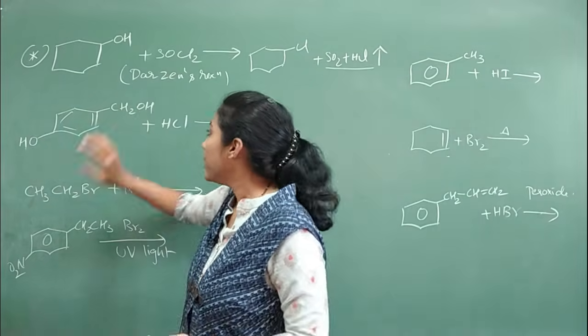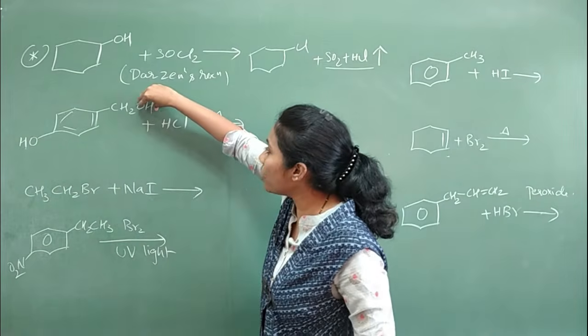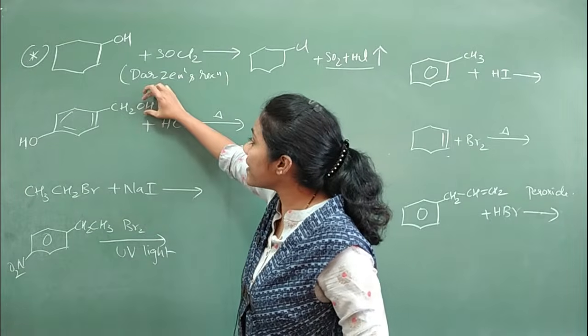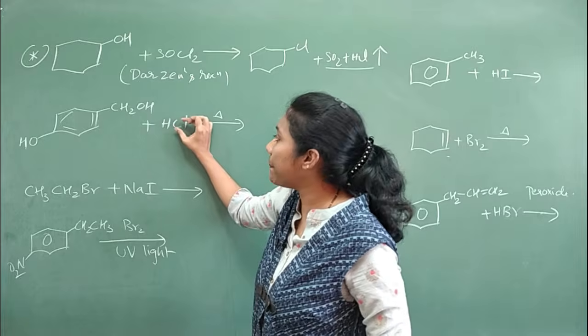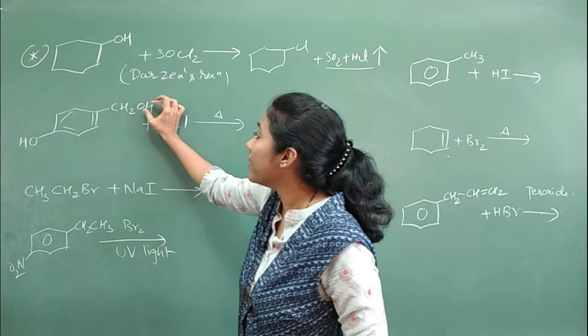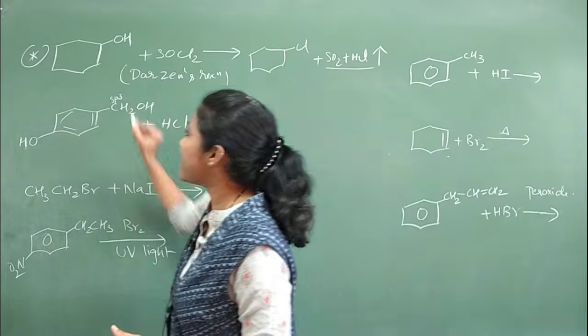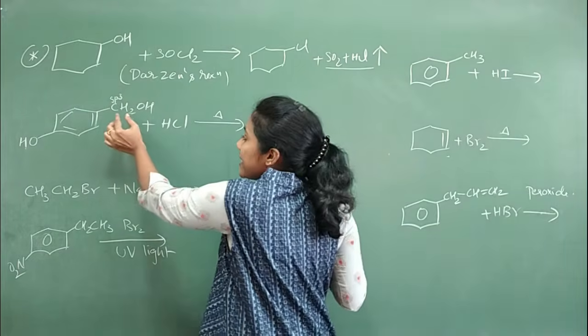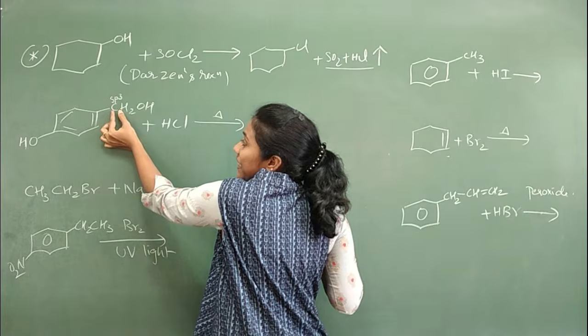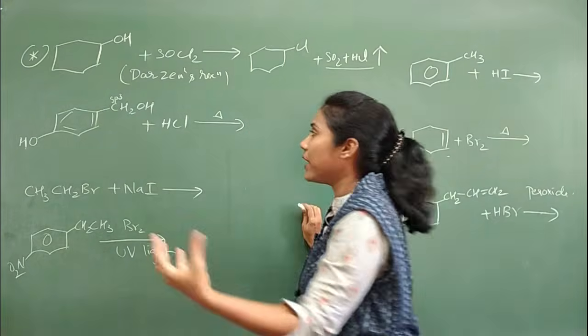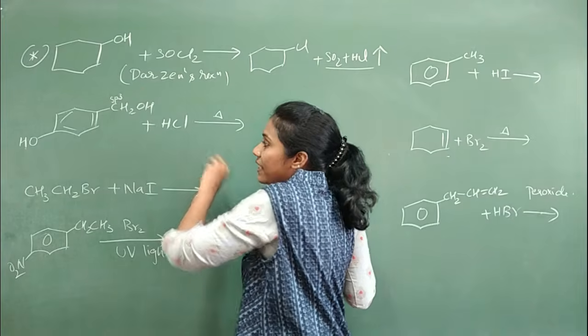You will get a doubt whether to replace this OH with Cl or that OH with Cl. You know, this OH can be easily replaced with Cl. Why? Because this OH is attached to an sp3 hybridized carbon. You can easily break the sp3 hybridized carbon and OH bond, so that this OH comes out easily.